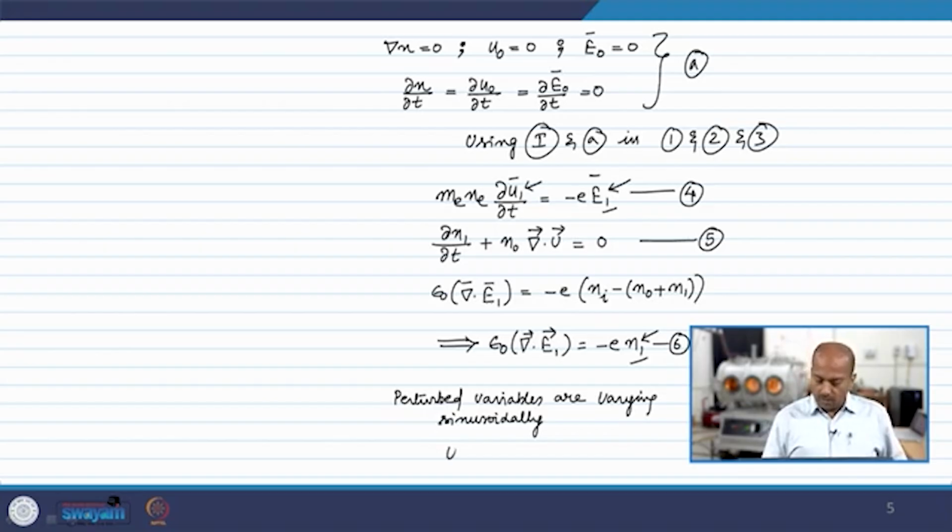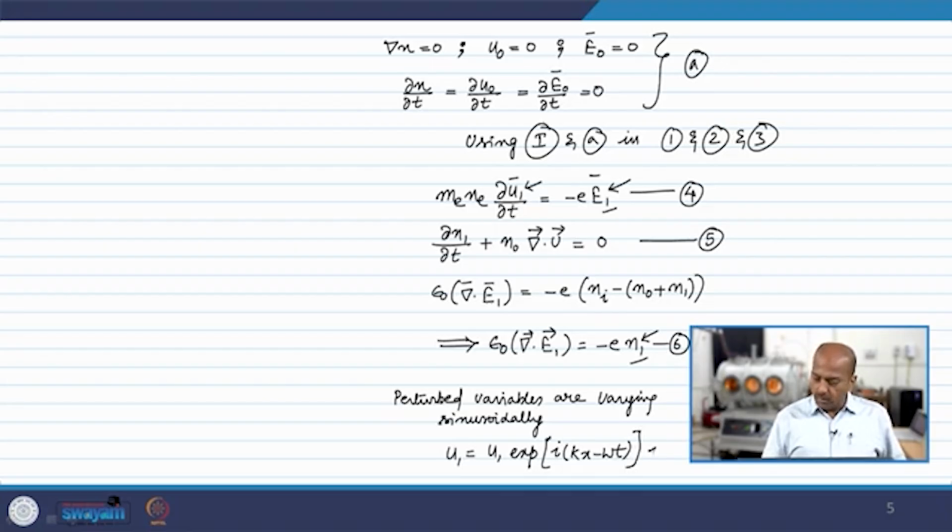So, you can say U1 is equal to U1 exponential i(kx minus omega t).